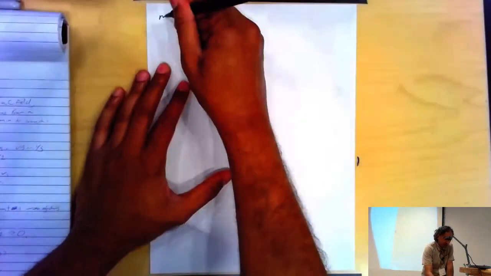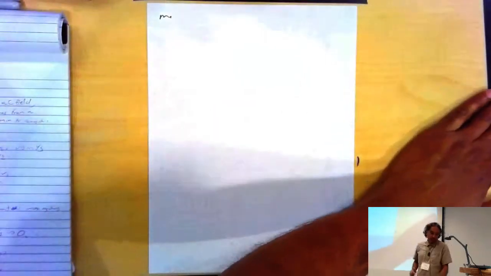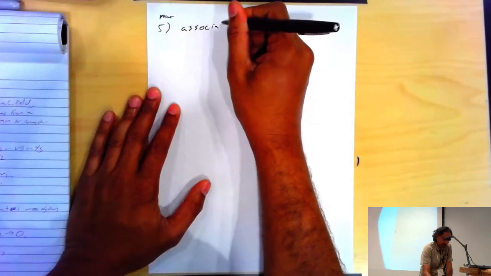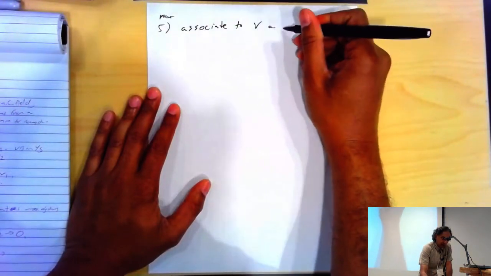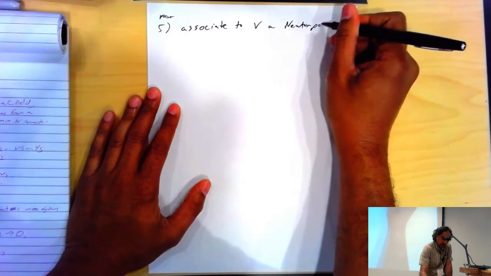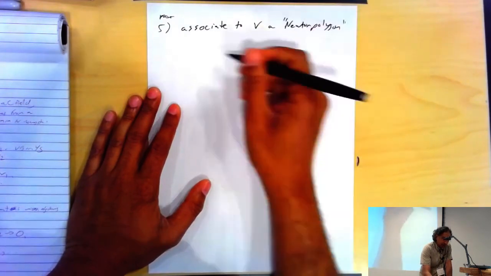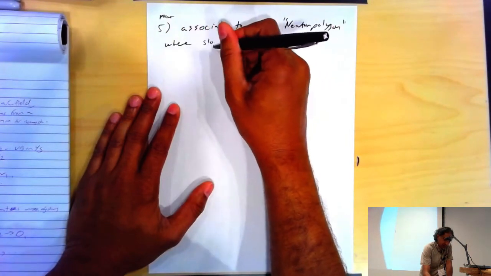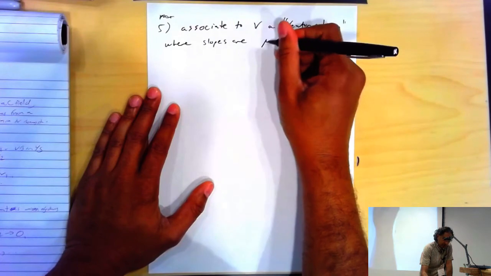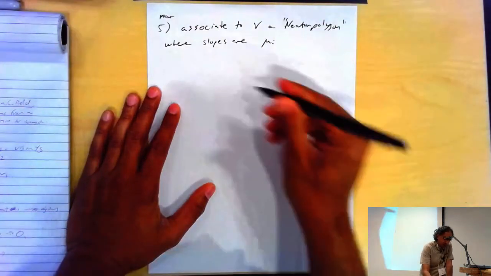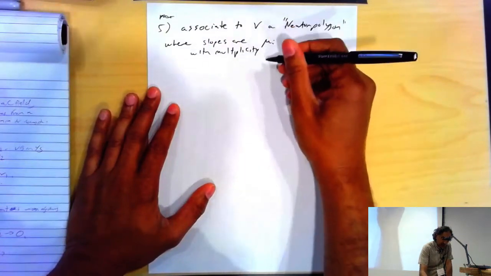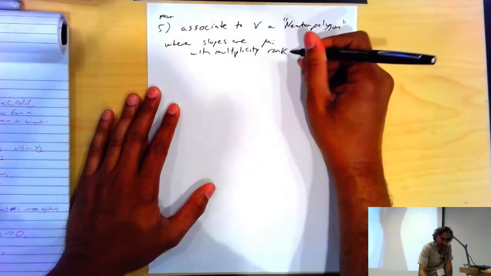So you can associate to V a Newton polygon where you have slopes. Each mu I occurs as a slope with multiplicity the rank of the corresponding quotient.